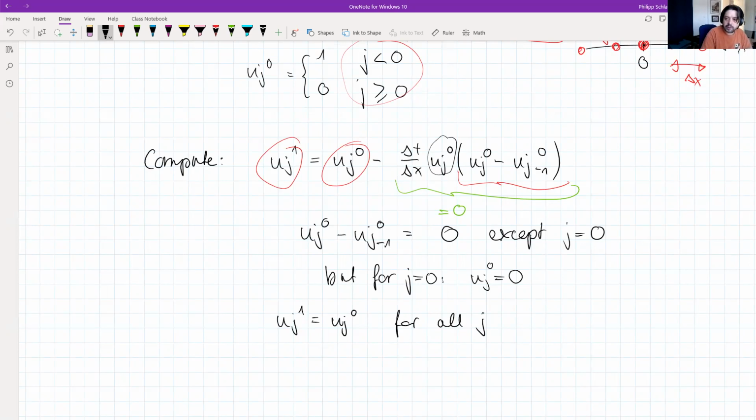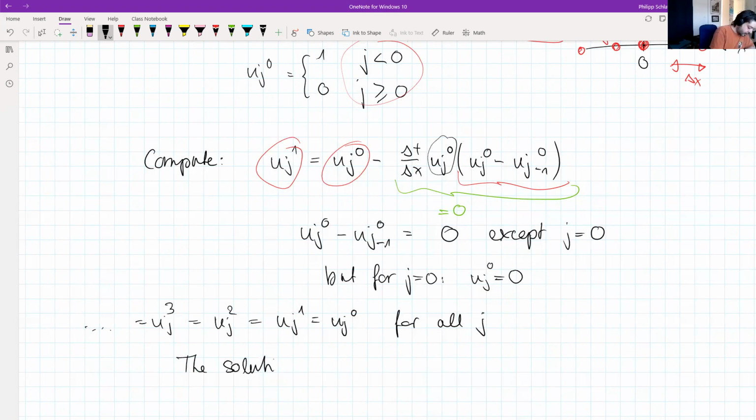And of course, this continues for the next steps as well. We get Uj2, Uj3, and so on. They will all be the same. So our numerical solution is not moving.